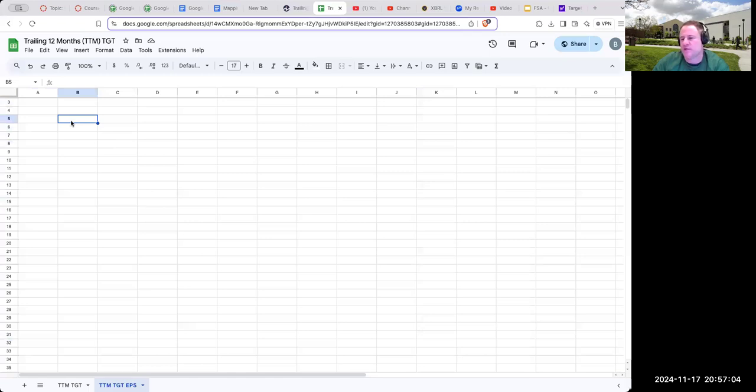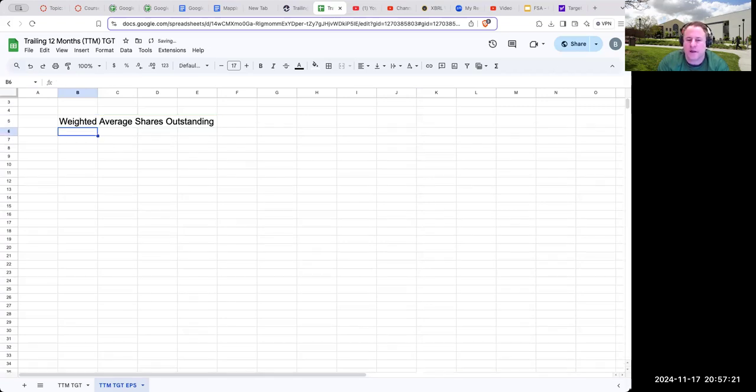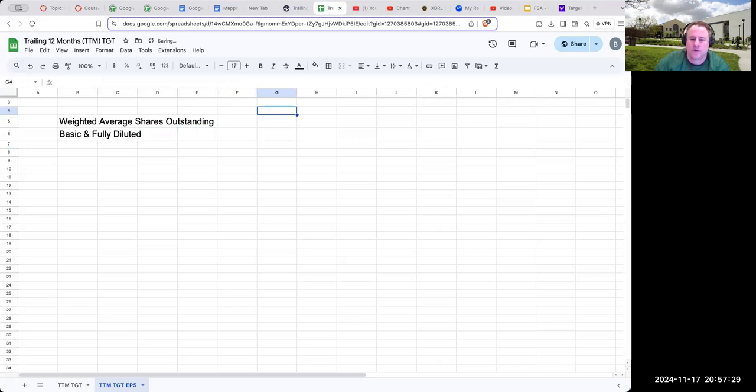So the first thing I need to do is figure out what my earnings per share is, or what my weighted average shares outstanding are for both basic and fully diluted for the trailing 12 months.